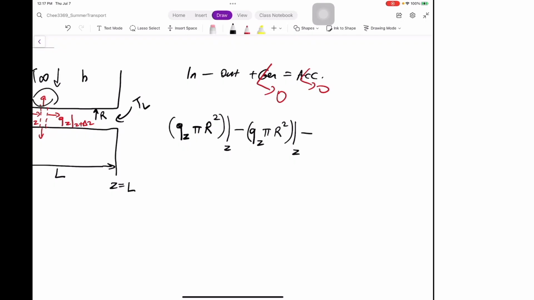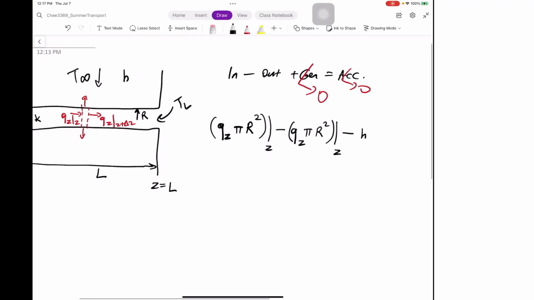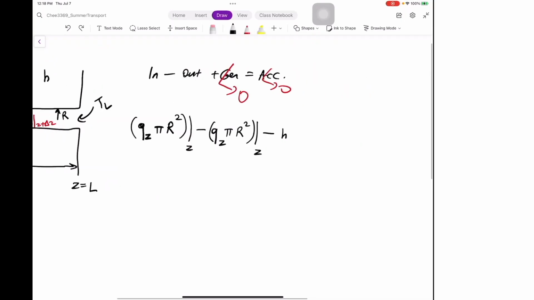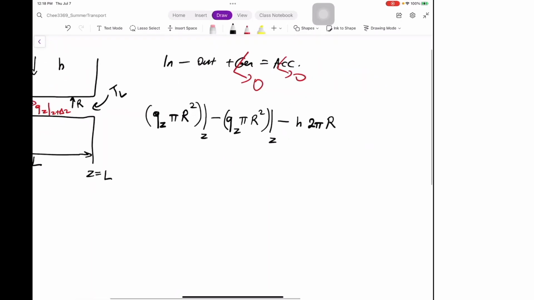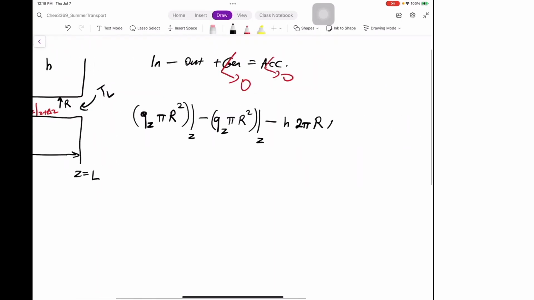Minus, there's this out as well, which is h times the area. The area corresponding to this flux is the area of this ring, so it's the perimeter, 2 pi r, times the thickness, which is delta z.